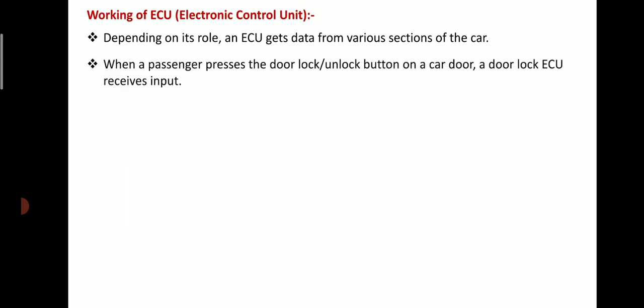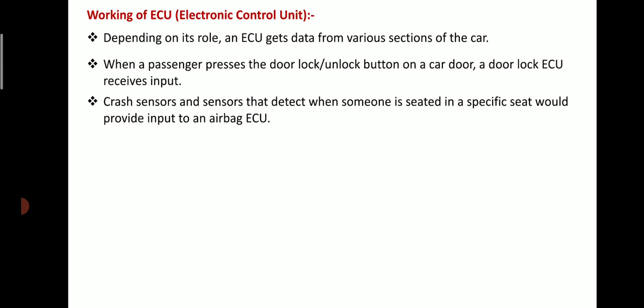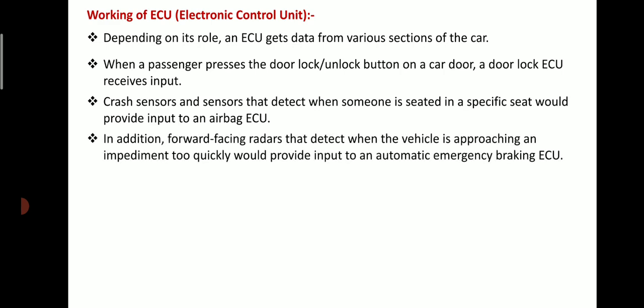Depending on the role, the ECU gets data from various sections of the car. For example, when a passenger presses the door lock or unlock button on the car door, a door lock ECU receives the input. Crash sensors and sensors that detect when someone is seated in a specific seat would provide input to the airbag ECU.